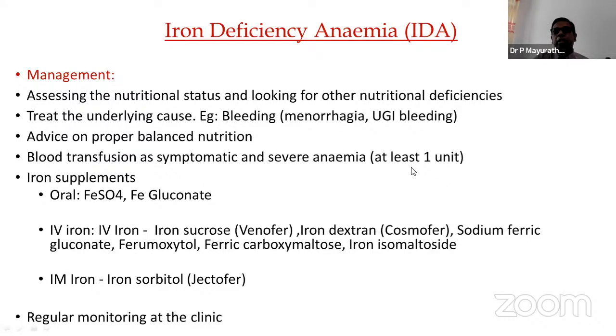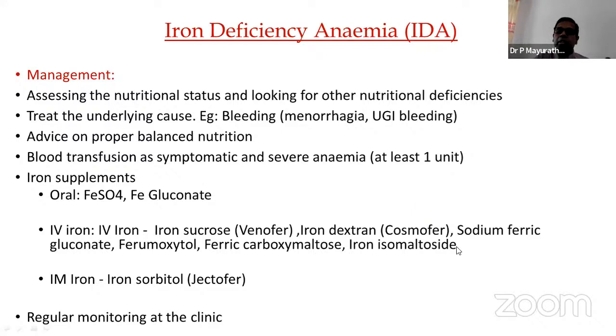And remember, we have to keep on monitoring this patient at our clinic, because we can't discharge them, because we don't know what is going to happen. Sometimes due to poor compliance, the patient's hemoglobin may not pick up, or sometimes patients stop the iron treatment in the middle and they just go on with mild anemia for a longer period of time.